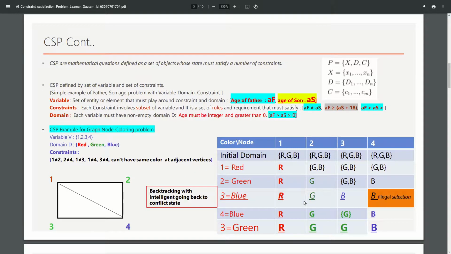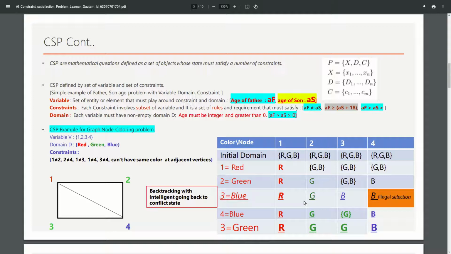Suppose a CSP is defined as a mathematical quotient, a set of objects or variables which must satisfy a given number of constraints on the defined problem domain.